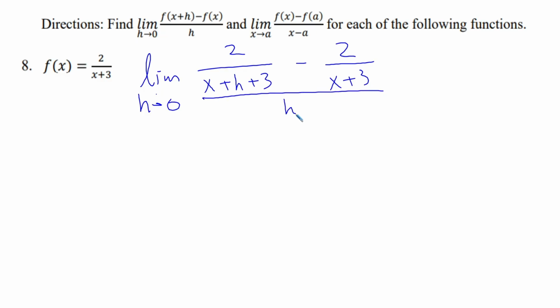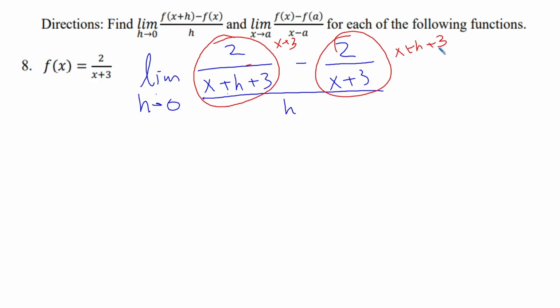We'll want the common denominator to be x plus h plus 3 times x plus 3, which means I'm going to have to multiply the first fraction here by x plus 3 over x plus 3. Right, that one needs x plus 3. And multiply this one by x plus h plus 3 over x plus h plus 3.